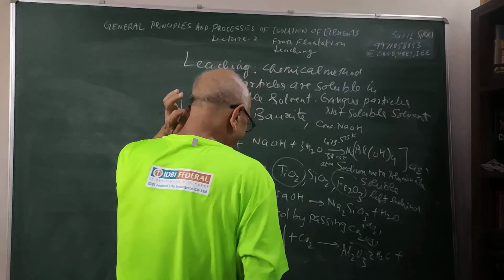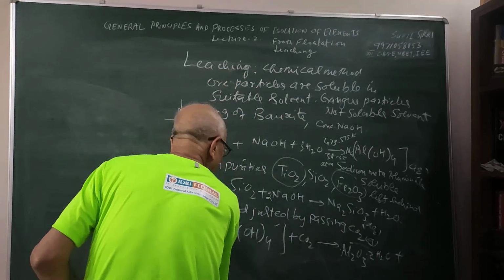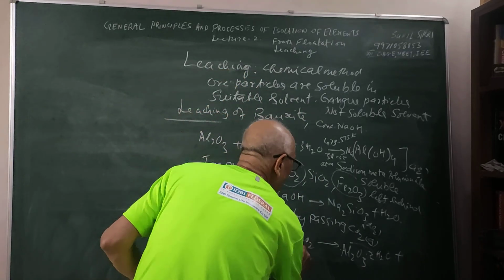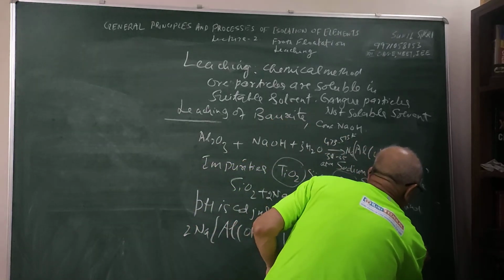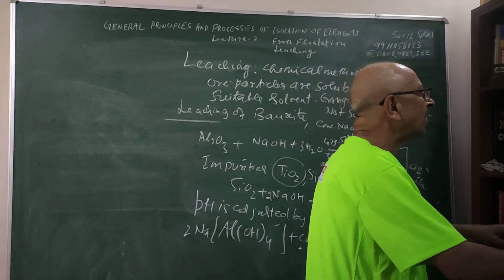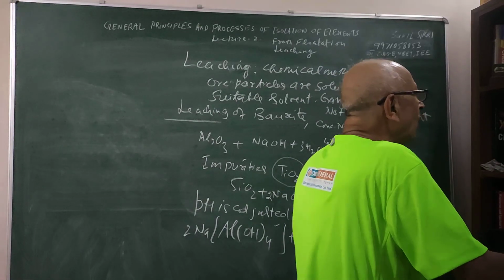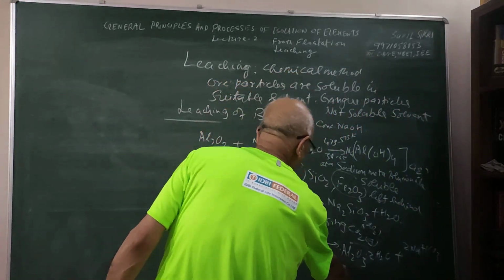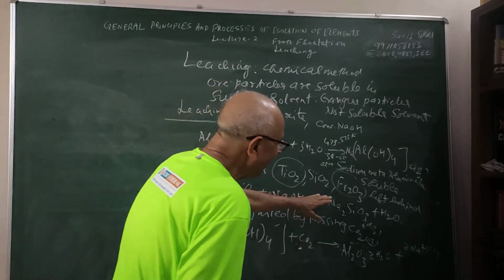Balancing is something you can do, students. The result is you get Al2O3·xH2O, and the silicate is left behind.